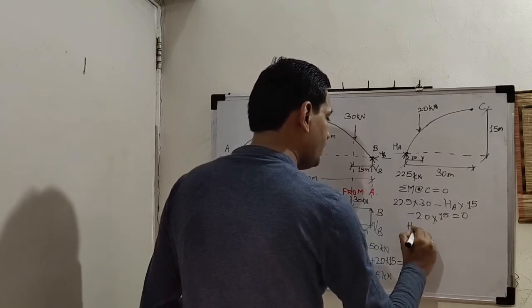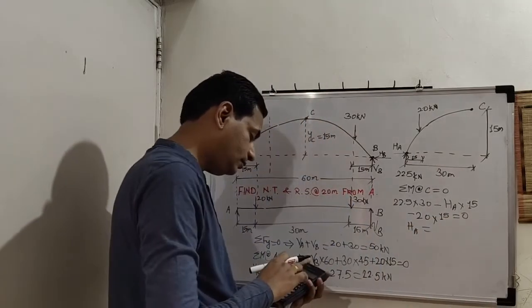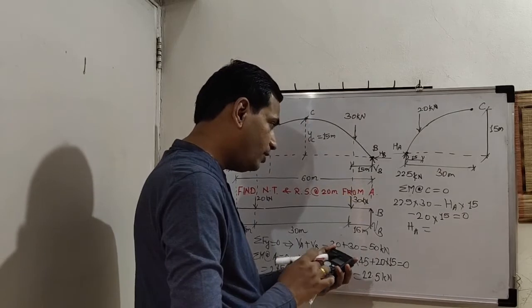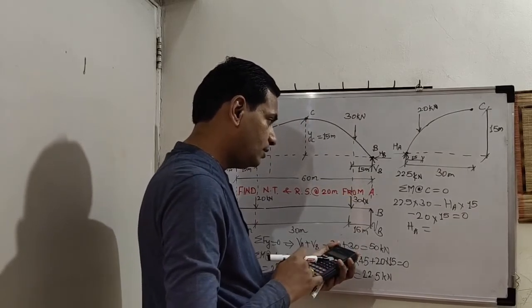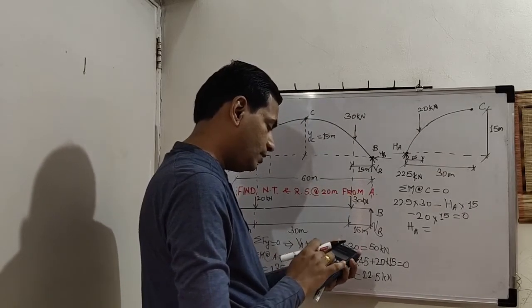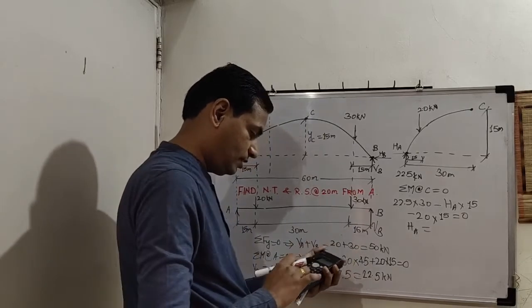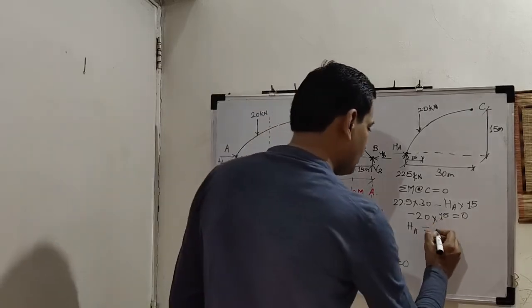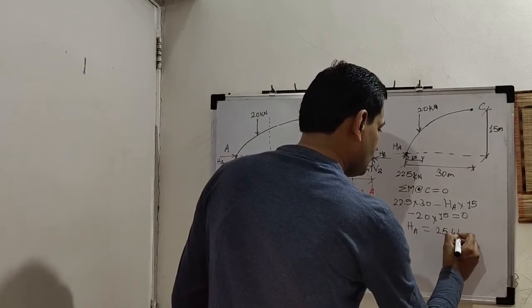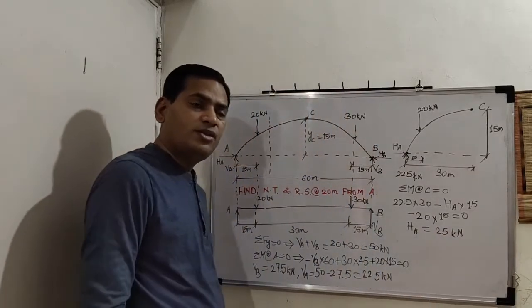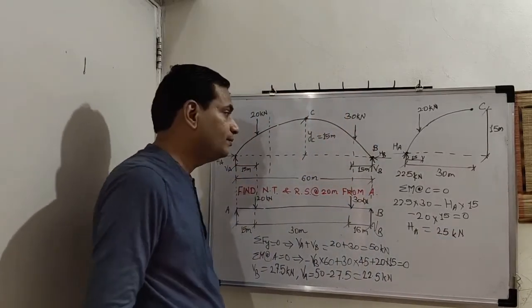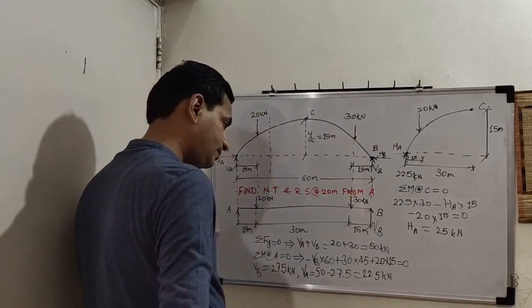From this we will get HA as 22.5 into 30 minus 20 into 15 upon 15. So 25 kilonewton is the horizontal reaction.